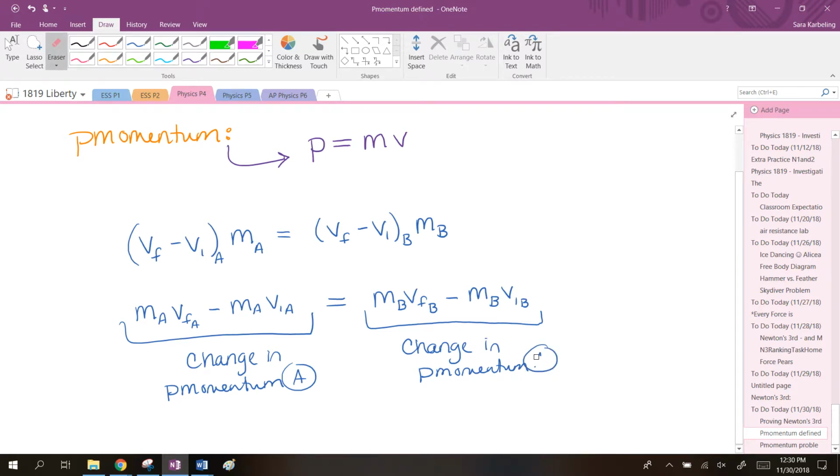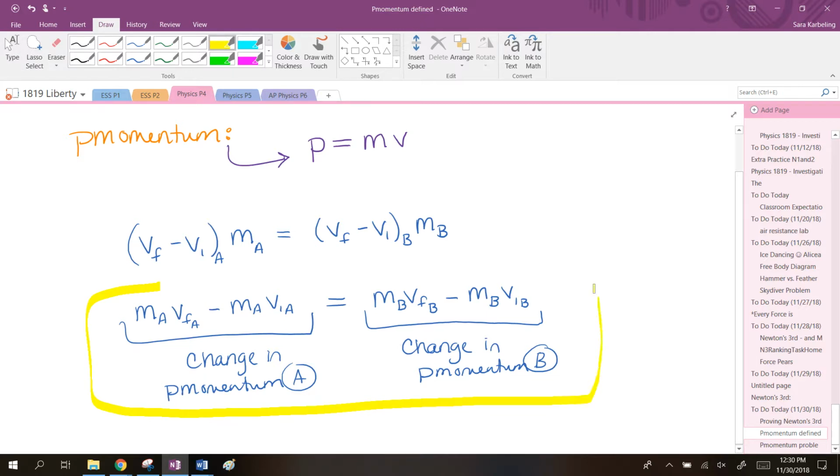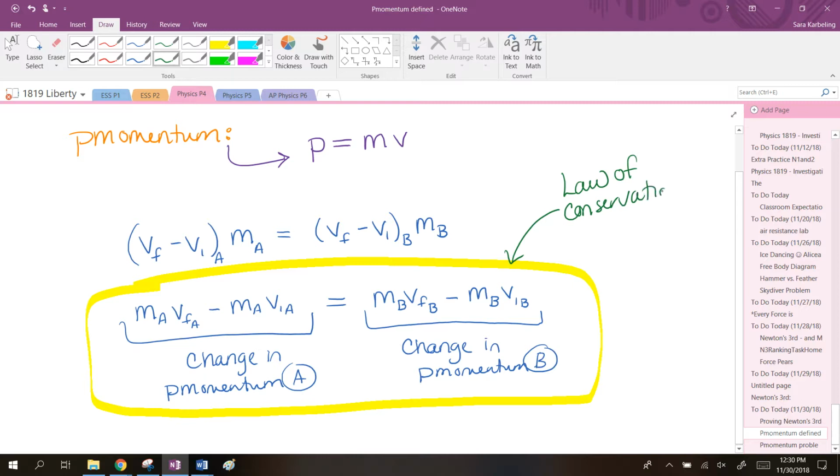Got too excited there. That big, long, scary thing is so important that there's a law about it. It's called the law of conservation of momentum.